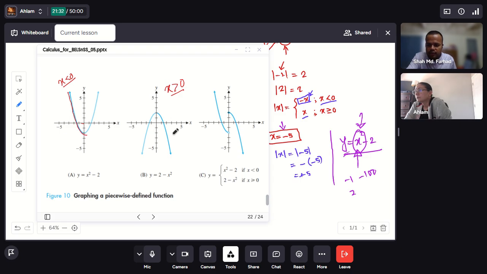Here it will be this, and here it will be this, right? The combination of these two graphs is number C. Look at the function here, y equals x square minus 2. If x less than 0, then we have this graph.